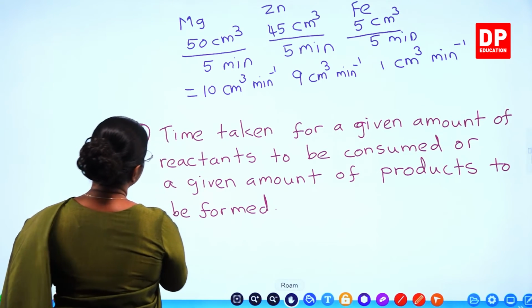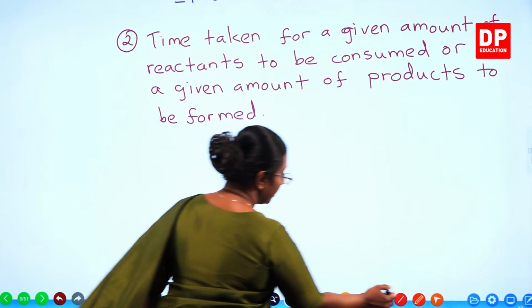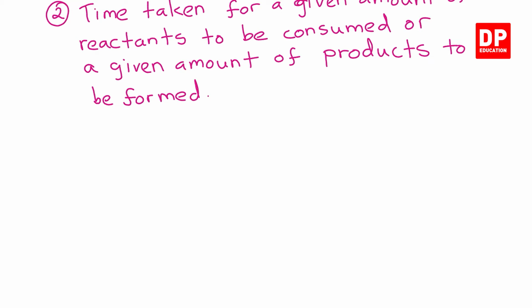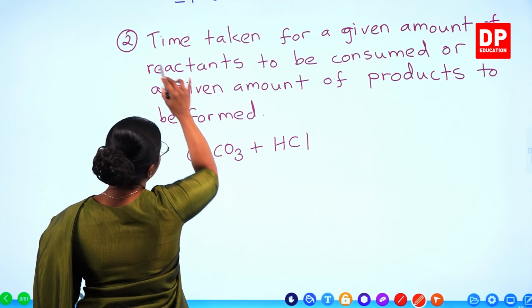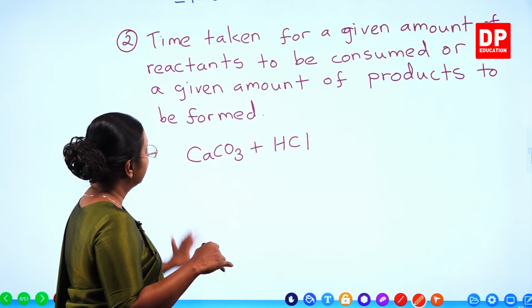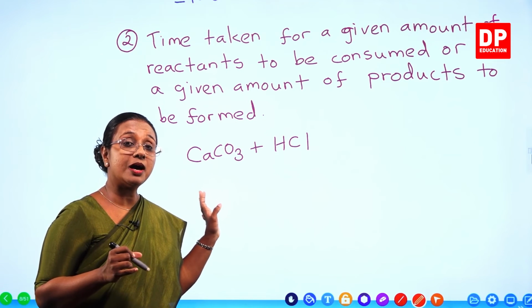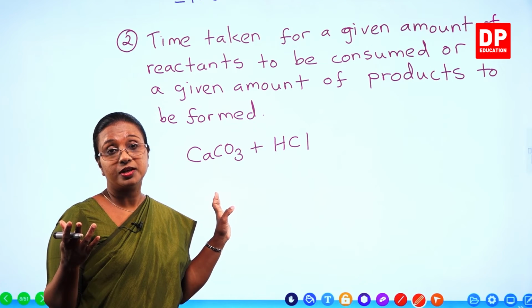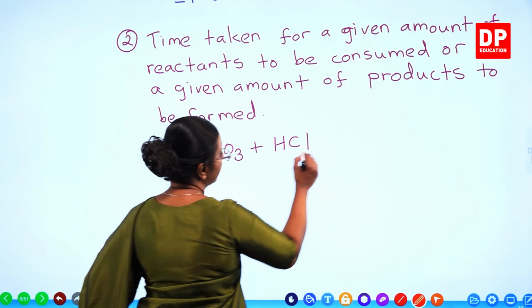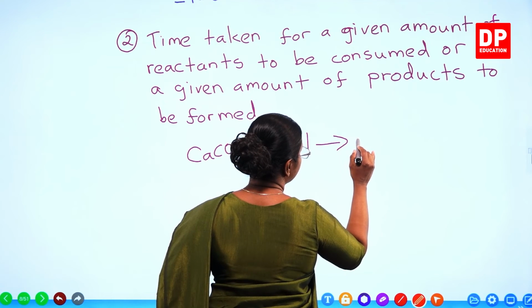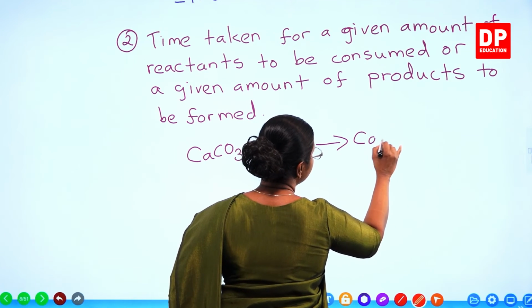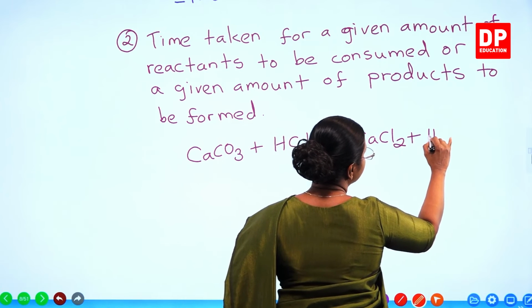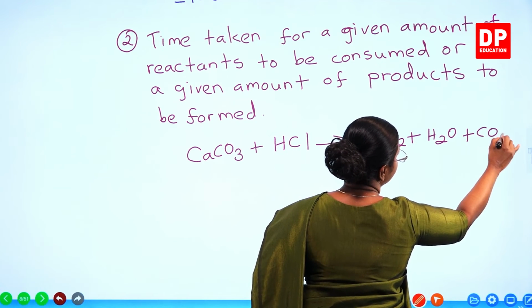So again, as an example, let's say reaction of calcium carbonate with hydrochloric acid. Now here we are going to measure the time taken. Let's say now I have told you all calcium carbonate is available as chips and it is available as powder. So here in both the reactions, the reactants are calcium carbonate and hydrochloric acid, calcium chloride, water and carbon dioxide will be evolved.